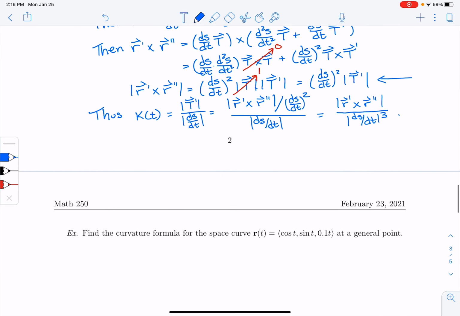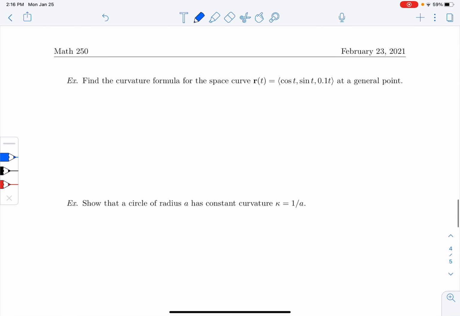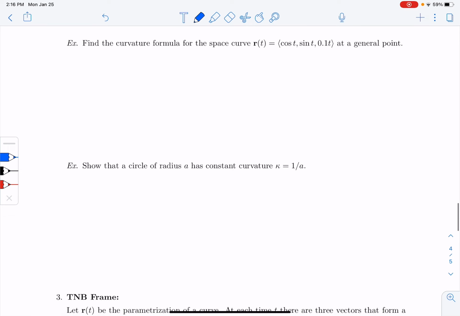So let's look at an example. Our example is going to be to find the curvature formula for a space curve r of t, which is going to be cosine t, sine t, and 0.1 t. Actually, I'm going to make a small change right now. So we're going to actually do cosine t, sine t, and t at a general point.